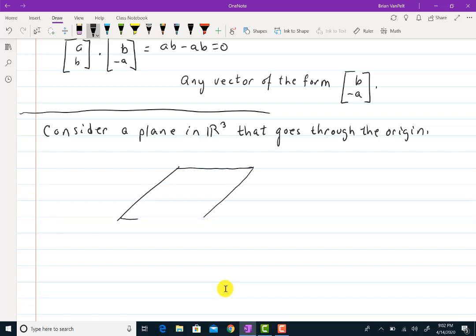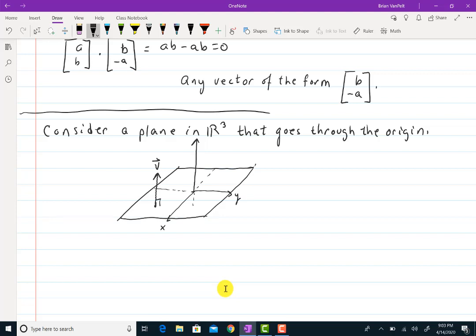Here's supposed to be my plane. There's the z-axis, and there's the y-axis, there's the x-axis. Let me pick a vector that emanates from there and goes straight up, like the z-axis does. Let's say this is my vector v, and it is perpendicular to that plane.